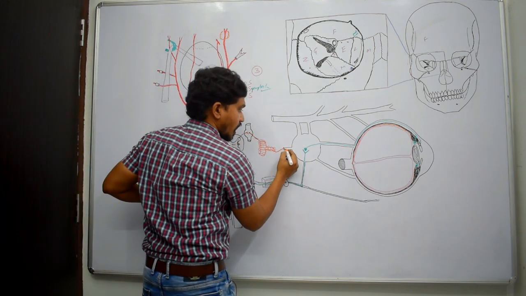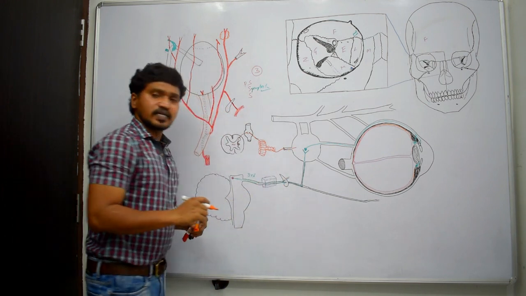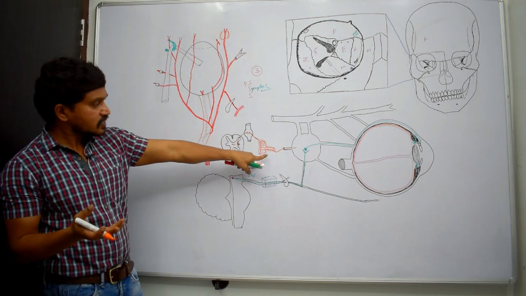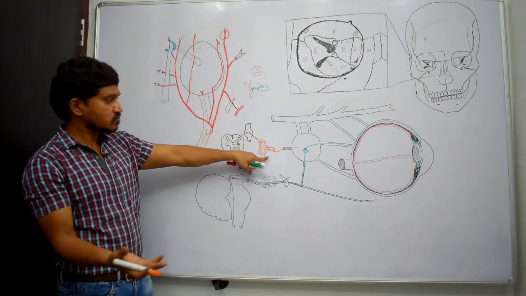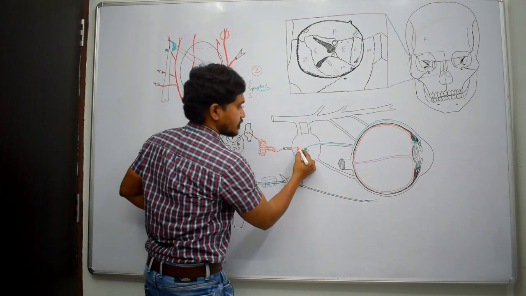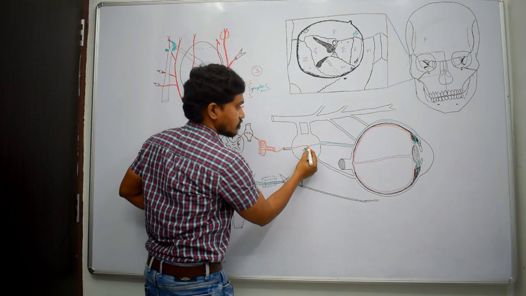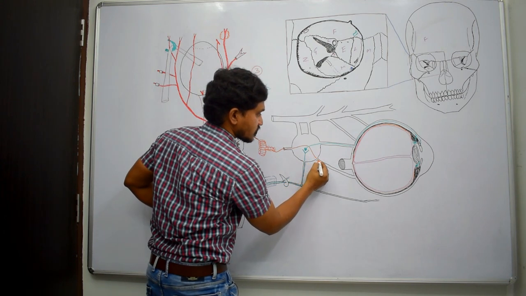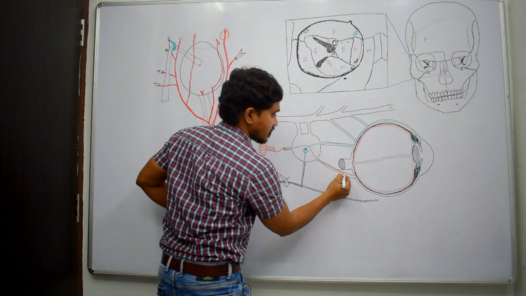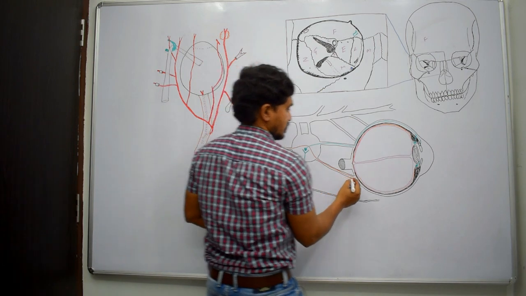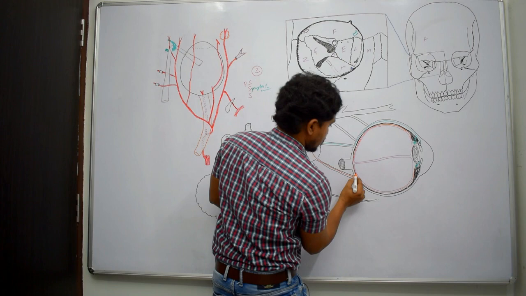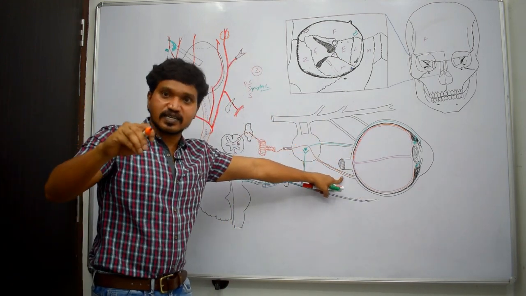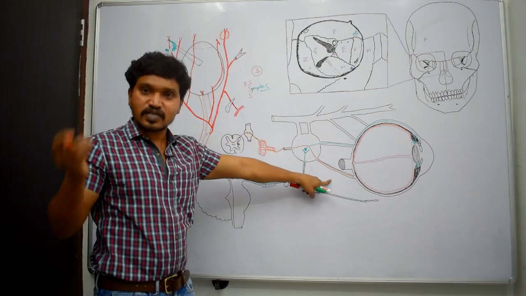Then after passing through the ciliary ganglion, they will not relay here because already they have relayed earlier. So these are postganglionic fibers only. There is no relay. Without relaying, these fibers enter the short ciliary nerves and reach the sclera, and these nerve fibers also pierce the sclera because the short ciliary nerves are piercing.